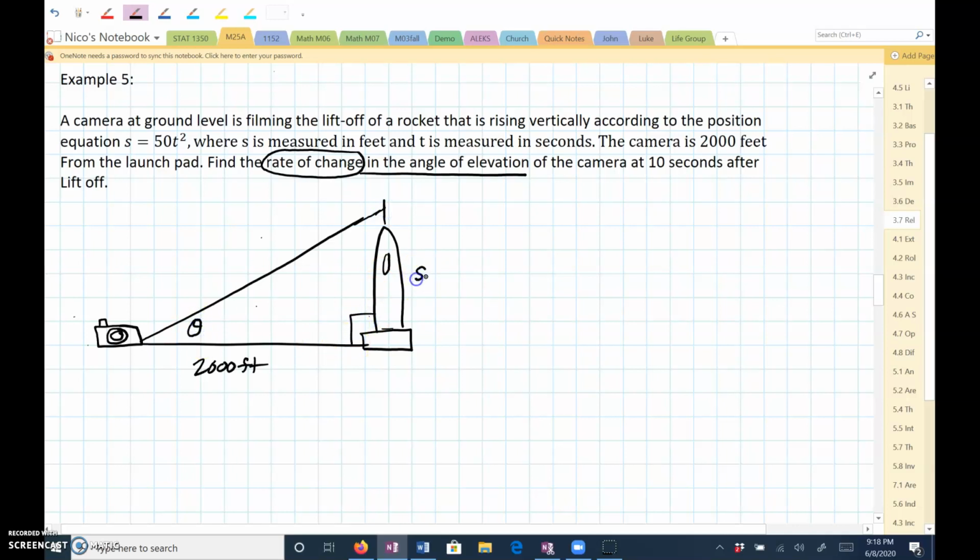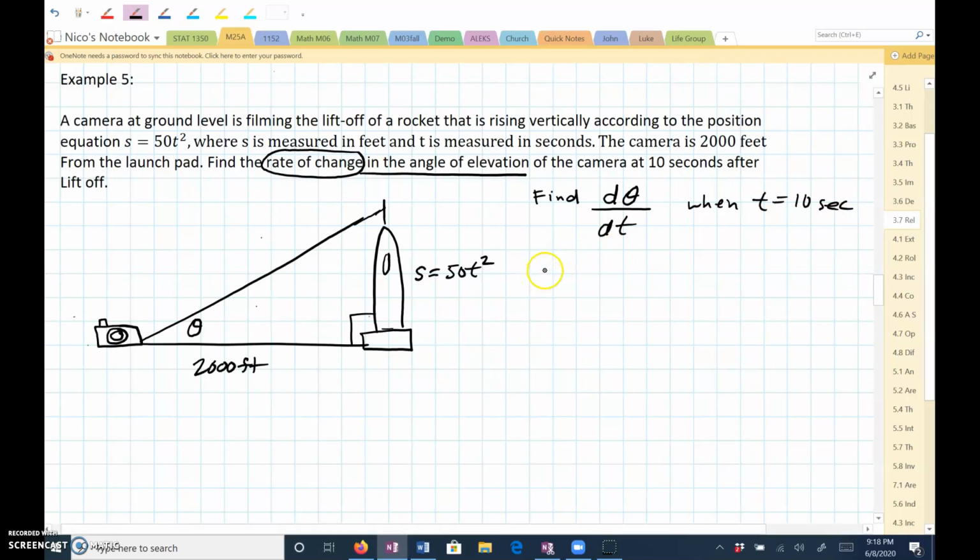This is s, where s equals 50t squared. We're finding d theta, the rate of change of the angle of elevation with respect to time, when t equals 10 seconds.